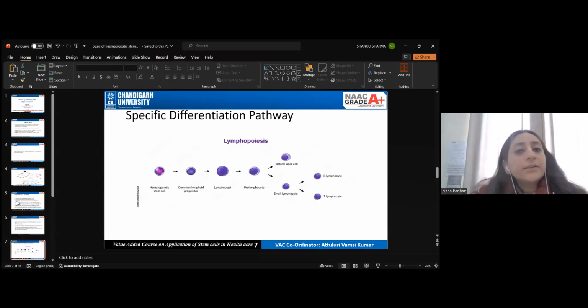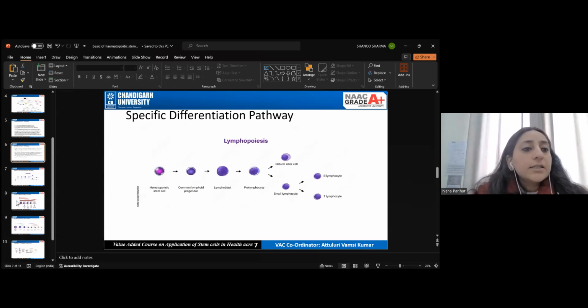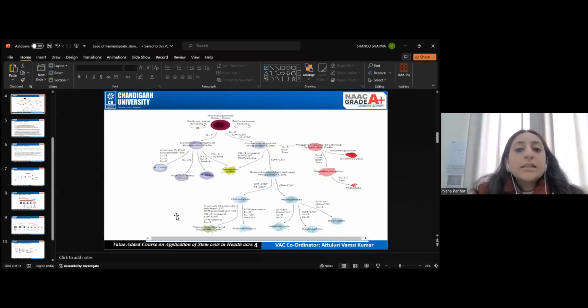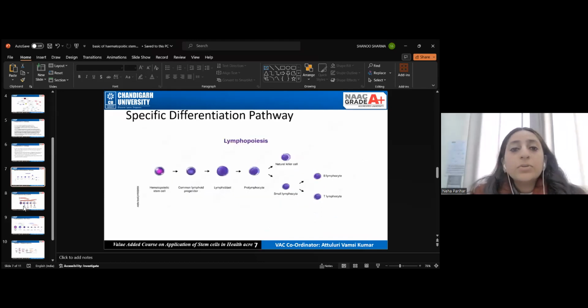Now, specific differentiation pathways, like lymphopoiesis, erythropoiesis, granulopoiesis, all the series we can study over here, or we can learn them separately.